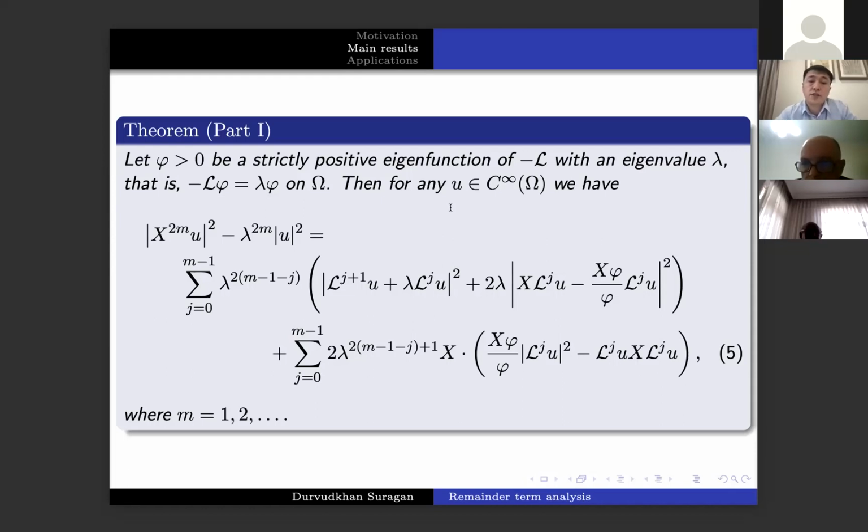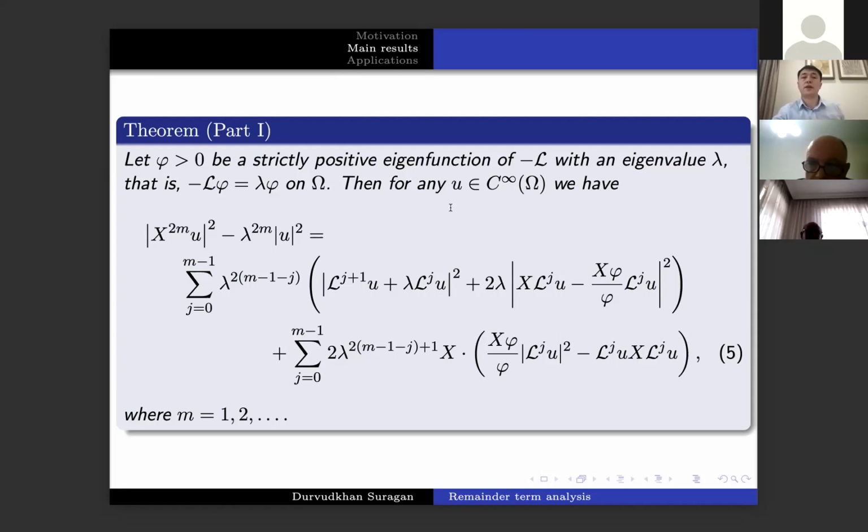This is nothing but a pure algebraic relation, and it can be proved by using properties of vector fields and a combination of a mathematical induction idea with rescaling properties of the sum of squares operator.